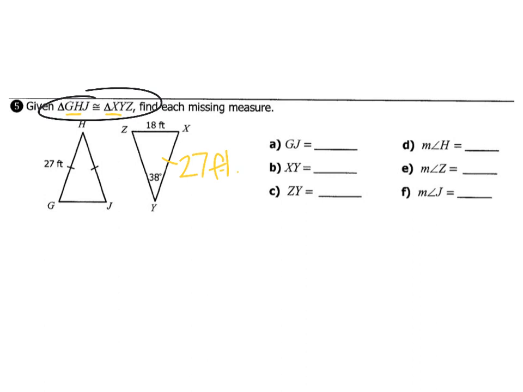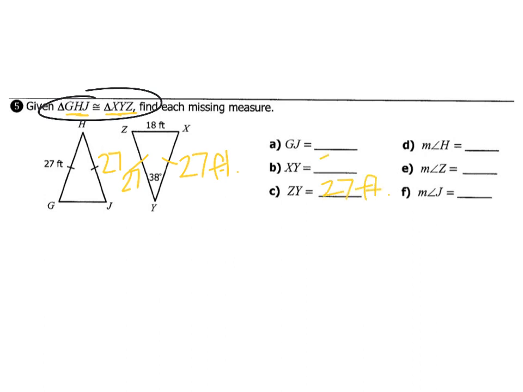All right. Now, we're given that HJ is congruent to HG, so HJ also has to be 27. And HJ is congruent to YZ. So YZ is also 27. So we know that all those sides are 27. Let's see if we can fill any of these in. So ZY, we found out, is 27 feet.